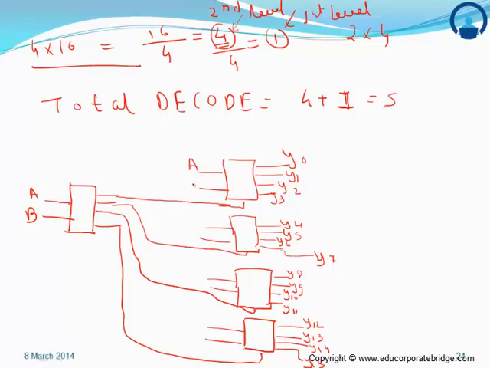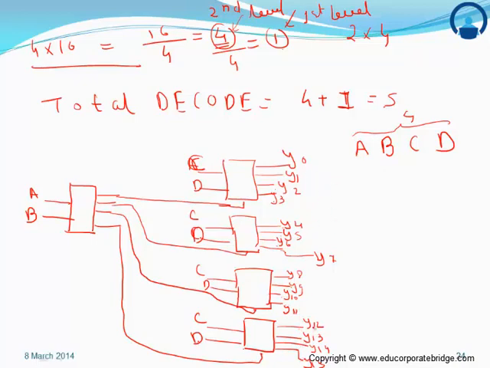This will again have 2 inputs, A, B. Let's consider the other inputs as C, D for each. So as we can see, this is a 4 cross 16 decoder, that is 4 inputs and 16 outputs. A is the first input, B the second input, C is the third input, and D the fourth. That is the total number of inputs: A, B, C, D, 4 inputs, and 16 outputs.